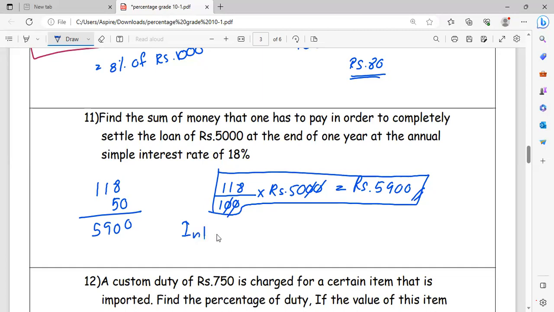Interest is equal to 18 upon 100, because it is 18% of the loan amount. It is 5,000. Zero to zero, zero to zero cancel. Then 50 into 18.